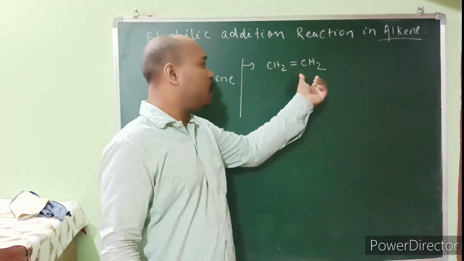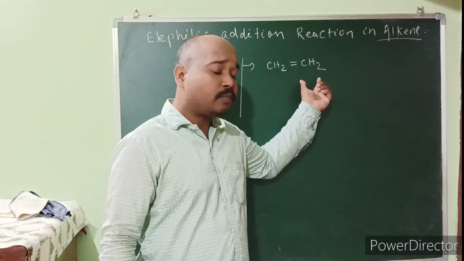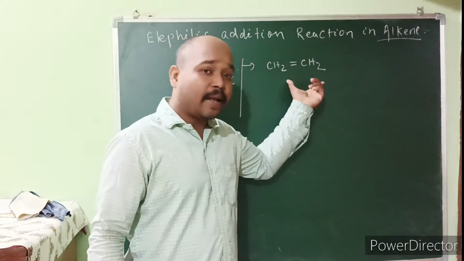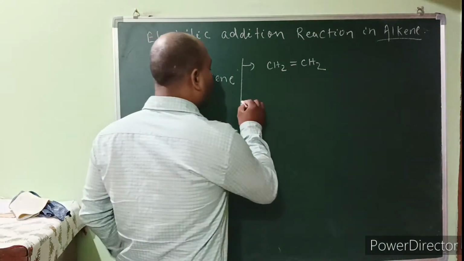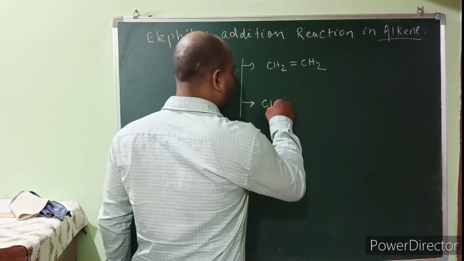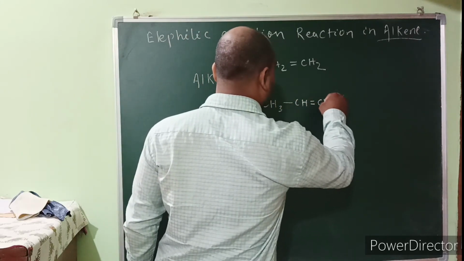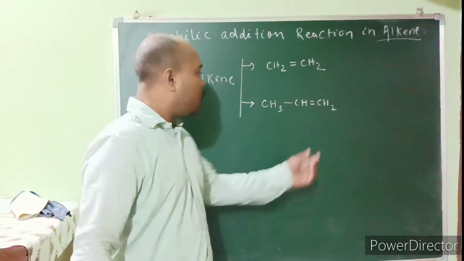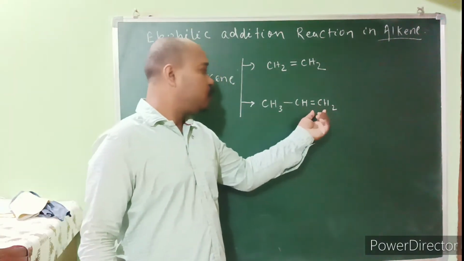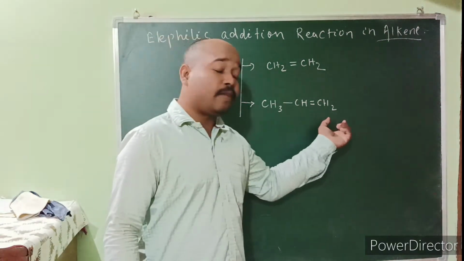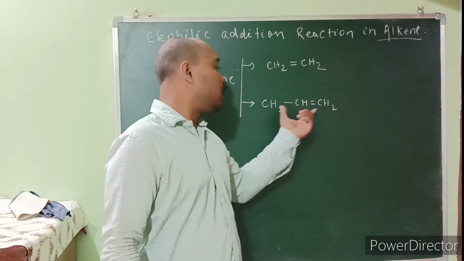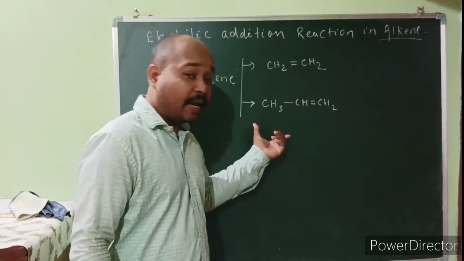While in this one, each side of the double bond contains a different number of carbon atoms, that's why it is an unsymmetrical alkene.